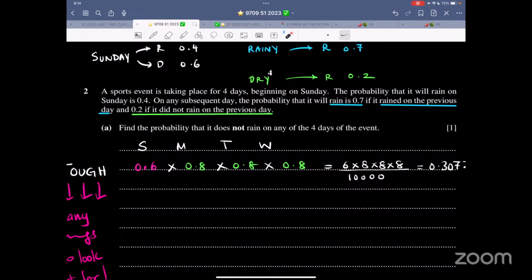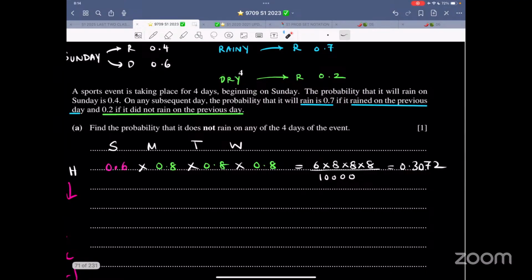That is the first thing. I wrote each one of them as 6 over 10, 8 over 10, 8 over 10, 8 over 10, with 4 zeros, 10,000, in the denominator, and I multiplied the numerators.